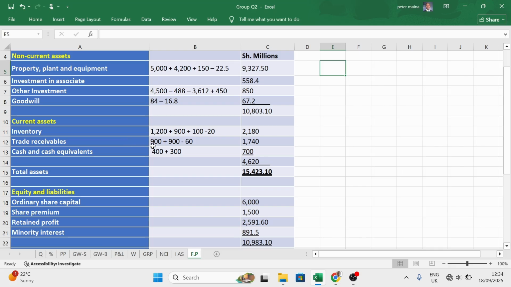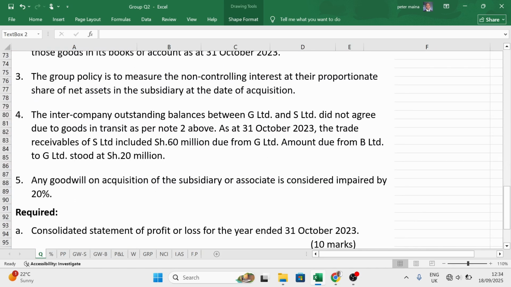Then we have trade receivables. Trade receivables, this is the receivables for parent plus receivables for subsidiaries minus intercompany debt. Intercompany debt should be deducted from both receivables and payables. This 60 came from statement number 4. It said that the trade receivables of S Limited included 60 million due from G. S is the subsidiary, G is the parent.